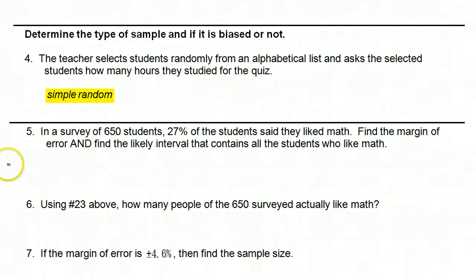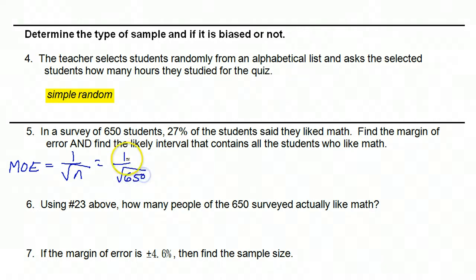The margin of error, I will call it MOE for margin of error, is 1 over the square root of the sample size. So in this case, that's going to be 1 over the square root of 650. Please understand the sample size is everybody who participated in the survey.